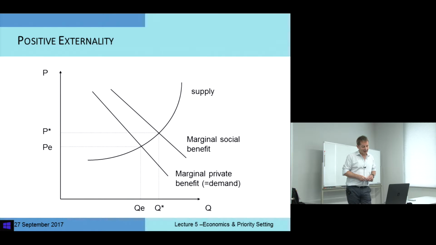I think it's fair to say that from an economist's point of view, life would be almost easier if we were able to put money values on the various benefits. For one reason, it's then easier to compare to the costs because they're in the same denomination.